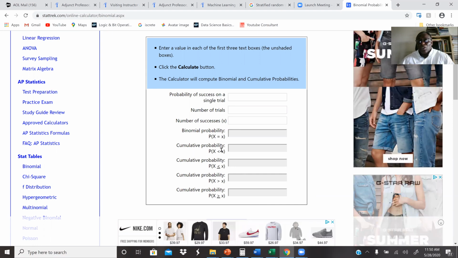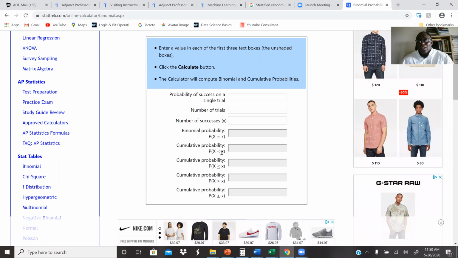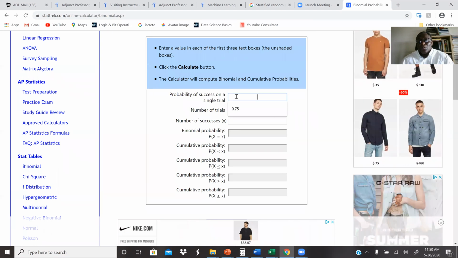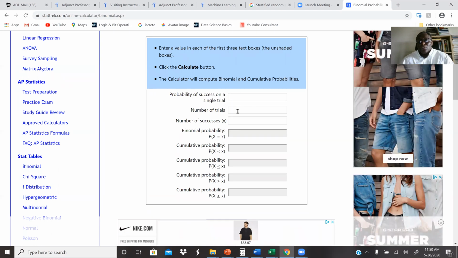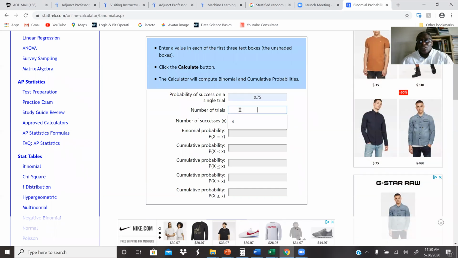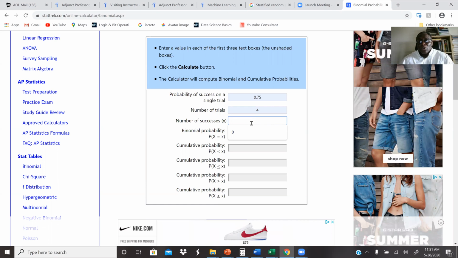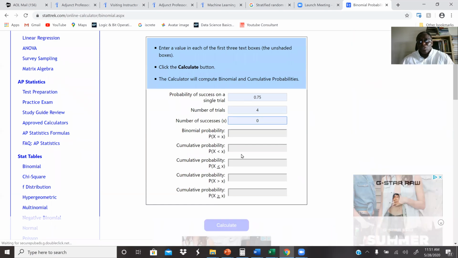Now, it depends on the condition you enter. For example, the probability of success is 0.75, the number of tries is 4 patients, and I'm looking for a probability of 0 successes.